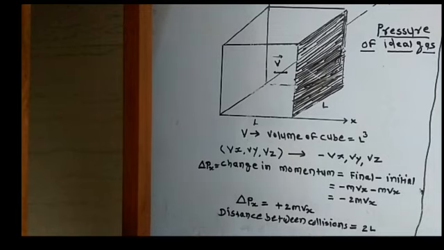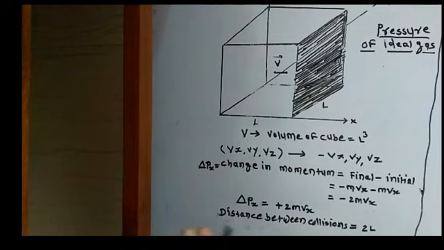Inside the container, the molecules move randomly. The motion of the molecules is considered as an elastic collision, and in an elastic collision the kinetic energy and momentum are conserved.